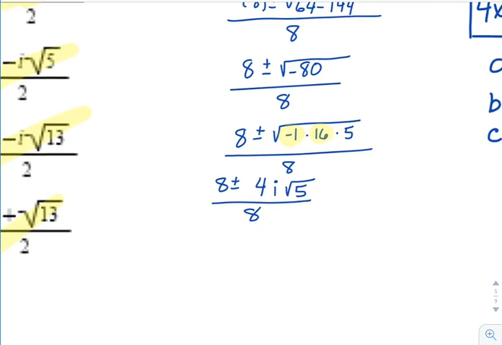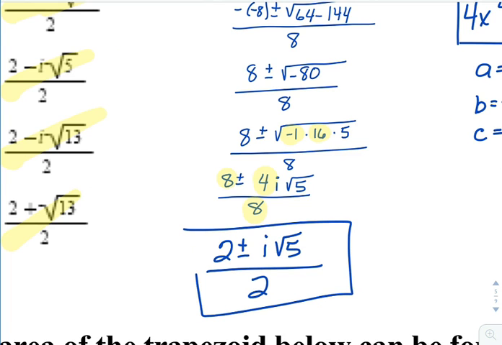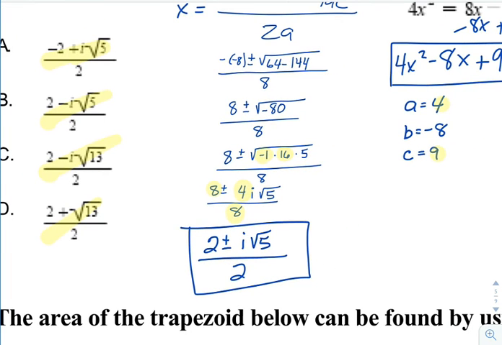So everything divides down now. Let's divide these values right here by 4. Let's reduce them. What's 8 divided by 4? You end up with 2. 4 divided by 4, that's 1, so that's just 1i root 5. 8 divided by 4 is 2. Now that one is one of those answers.